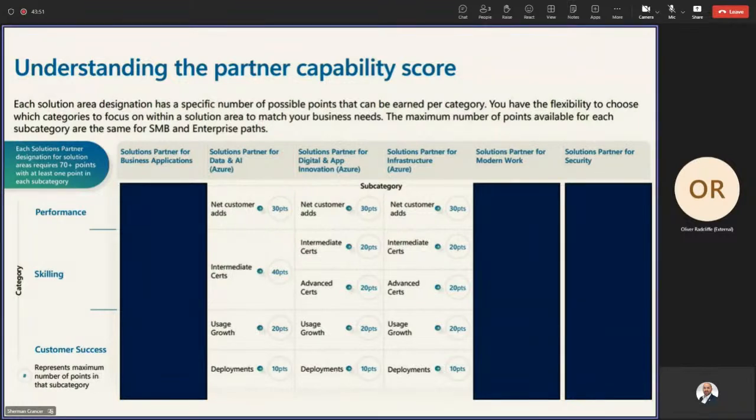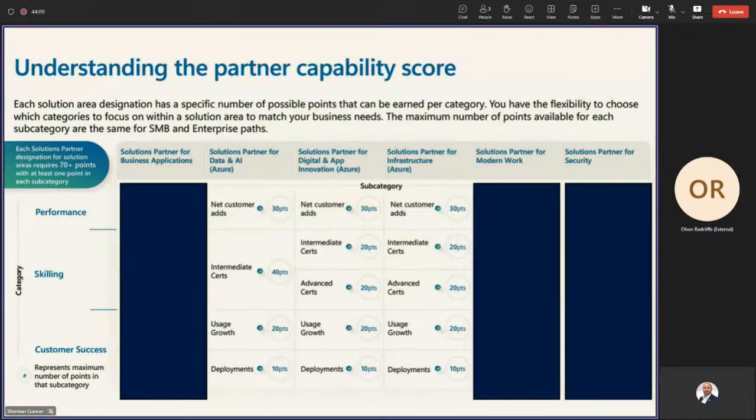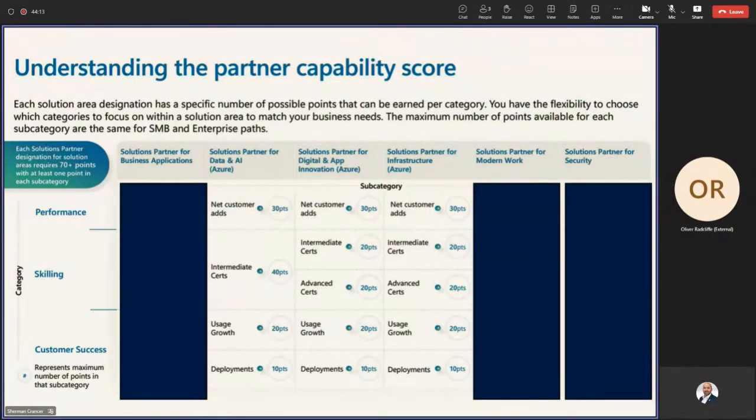You may go in there and you may have your intermediate certs, right, for digital app innovation, but you don't have any one of the advanced ones, and you score 0 points. Yep. Okay, cool. And you can't get a designation with 0 points in a subcategory, right? Exactly. You have to score in all three. Yeah. 100%. So yeah, interesting.